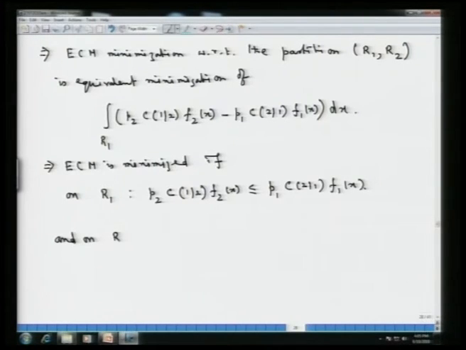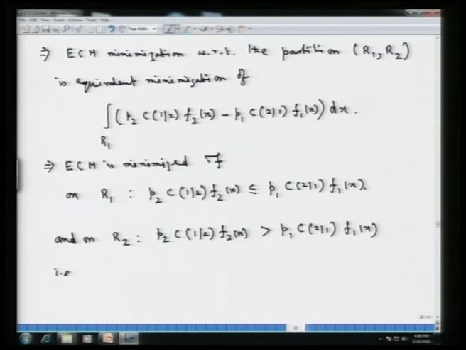On R2 we have the other way around, that is, P2 C(1|2) f2(x) is greater than P1 C(2|1) f1(x). So R1 is the set of all x's such that this quantity is less than or equal to the right hand side, the region of all x's which are classified into pi 1, and R2 is the set of complementary x's for which this expression is strictly greater than the right hand side.